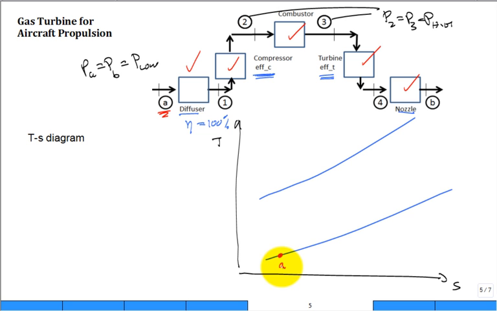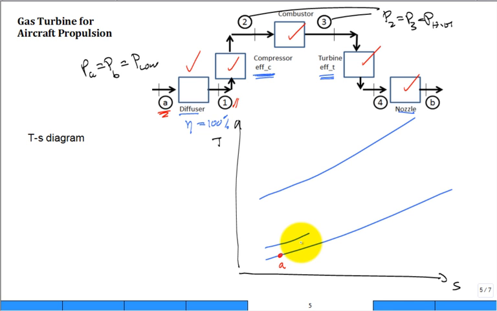Now, where is state 1 after the diffuser? Straight up. Because isentropic. No entropy generation. But how far up? Not that much is a very good answer. Not that much. So we introduce another line.